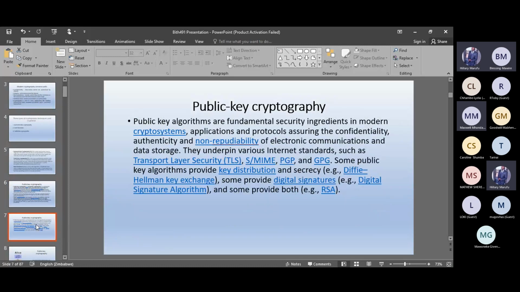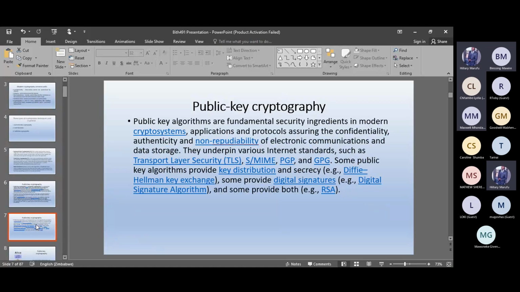It's okay. Public key algorithms are fundamental security ingredients in modern crypto systems. Applications and protocols assure confidentiality, authenticity, and non-repudiability. I'm coming up with big words, of electronic communication and data storage.